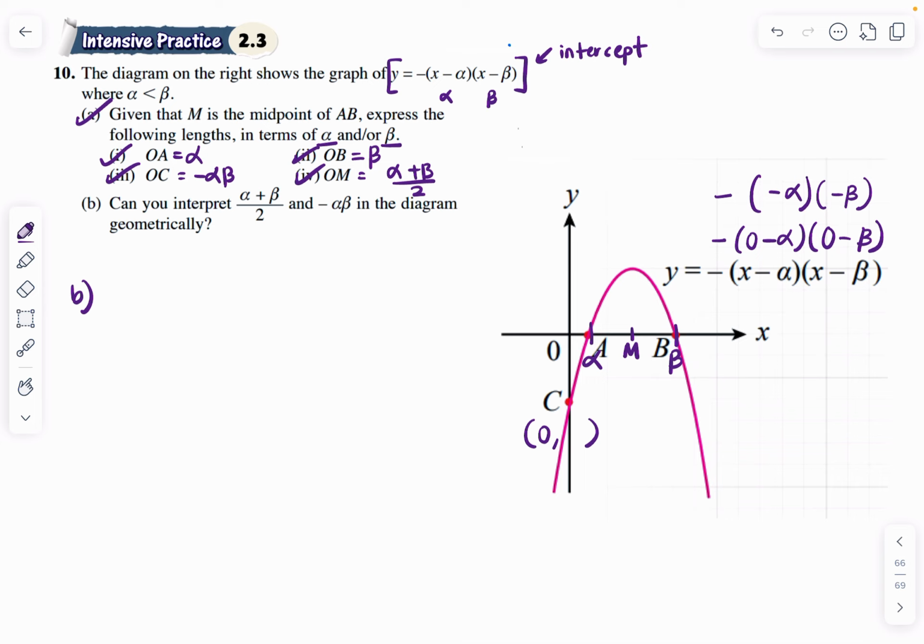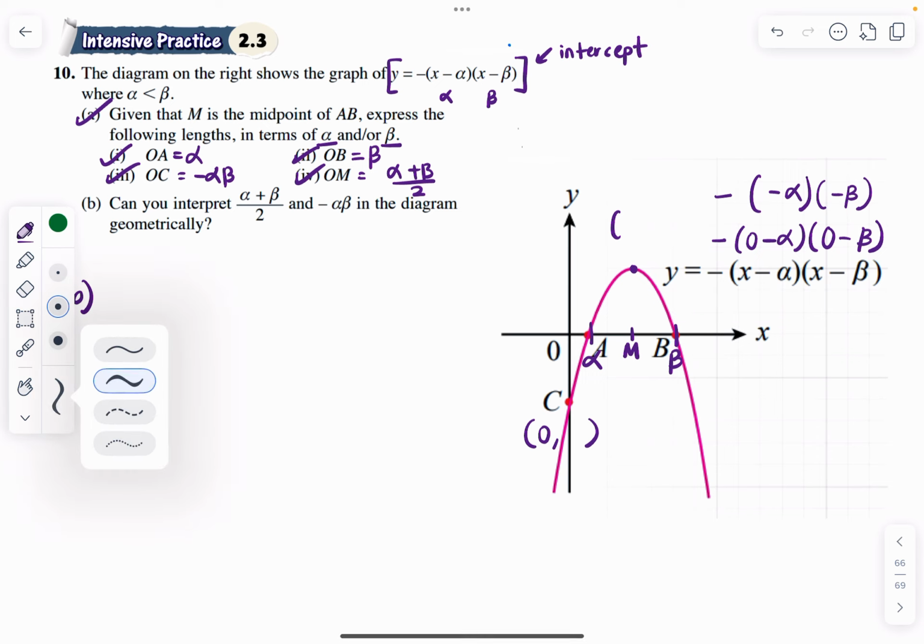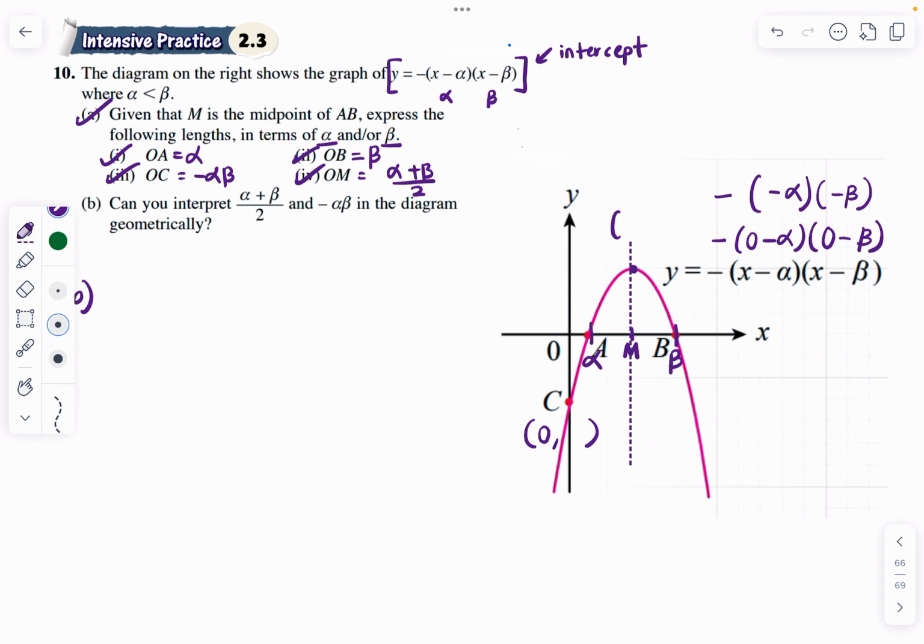Can you interpret this and this in the diagram geometrically? So alpha plus beta over 2 is the midpoint. Also, it will be the x coordinate of the vertex. So if we were to draw the line of symmetry here, this would be alpha plus beta over 2.